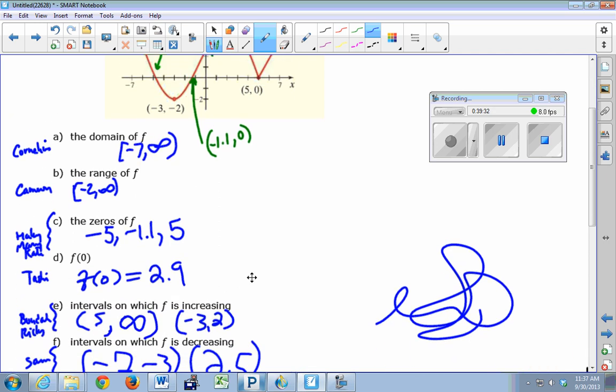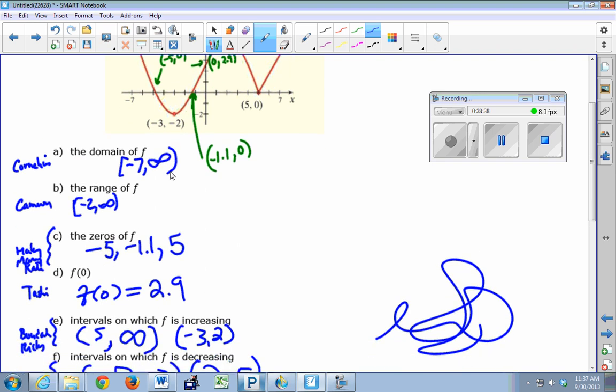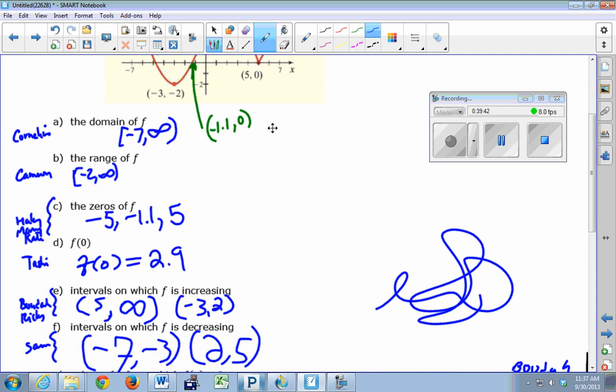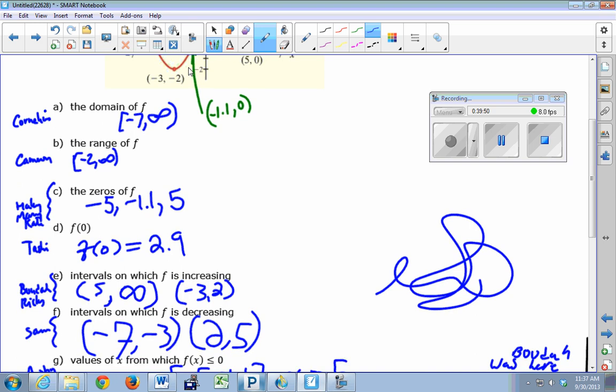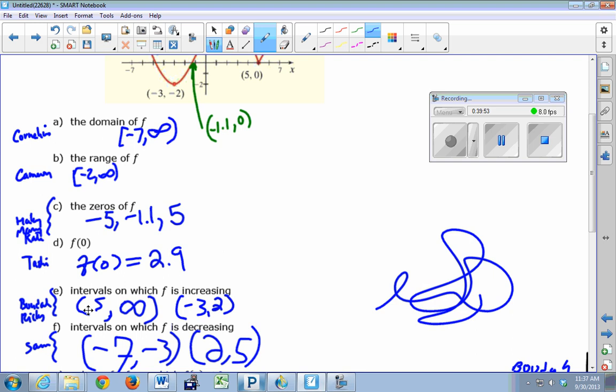Intervals on which f is increasing should be just parentheses, and it says increasing from 5 to infinity, and from -3 to 2. From 5 to infinity. Do people agree with that?